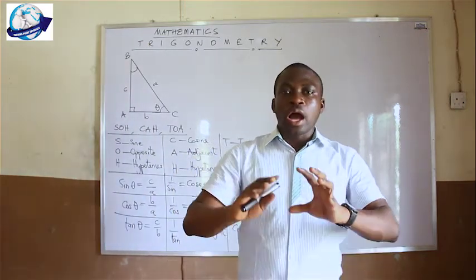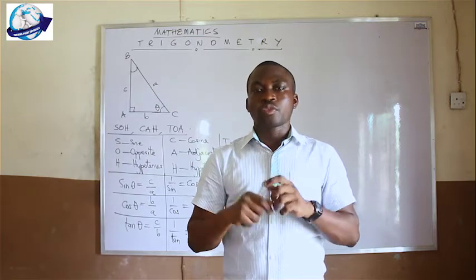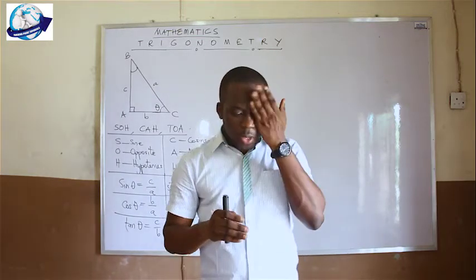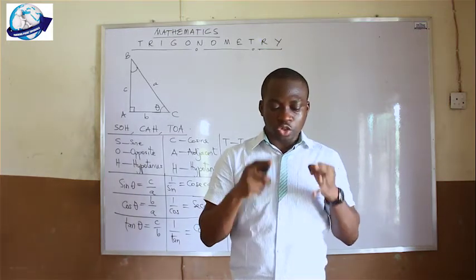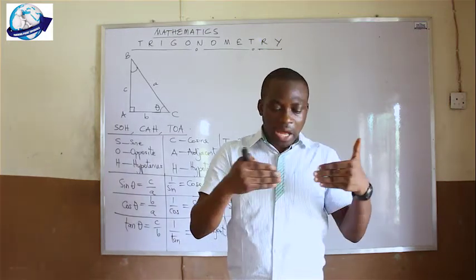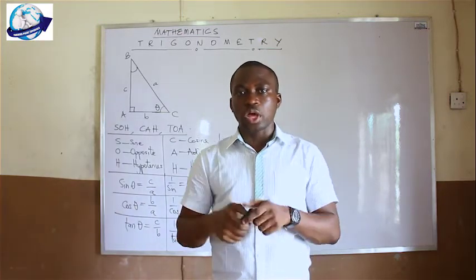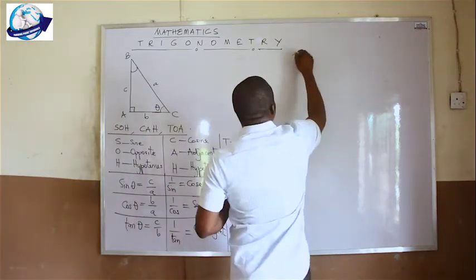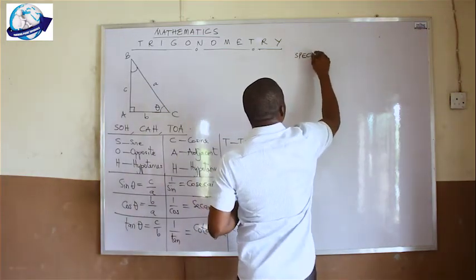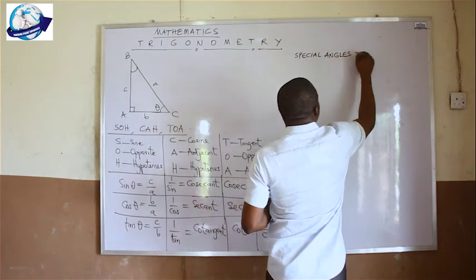Now I will give you another introduction, which is called the special trigonometric ratios. Or I can call them special angles. Special angles trigonometric ratios. We have 3 of them.